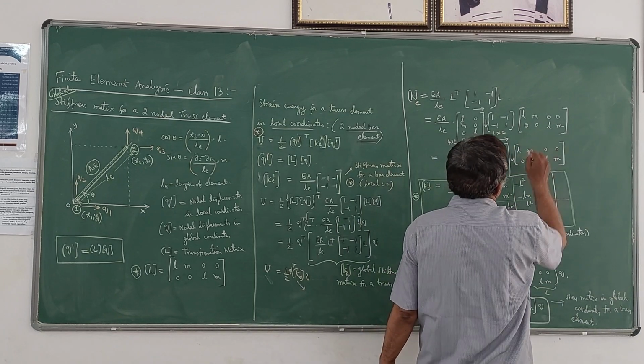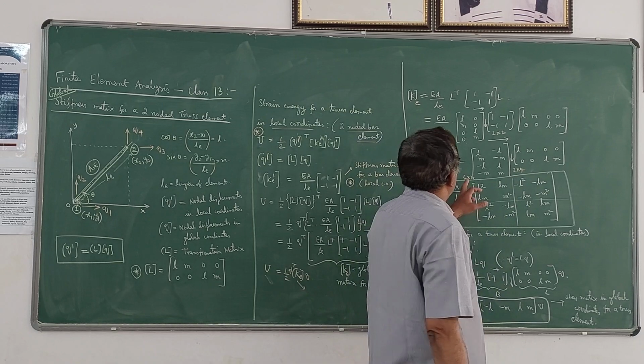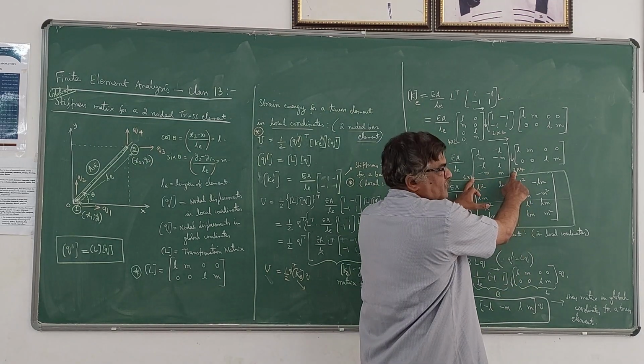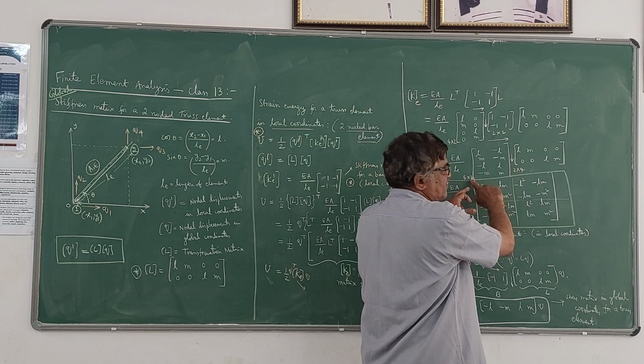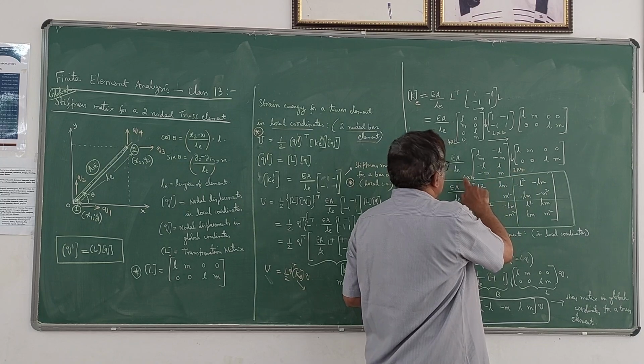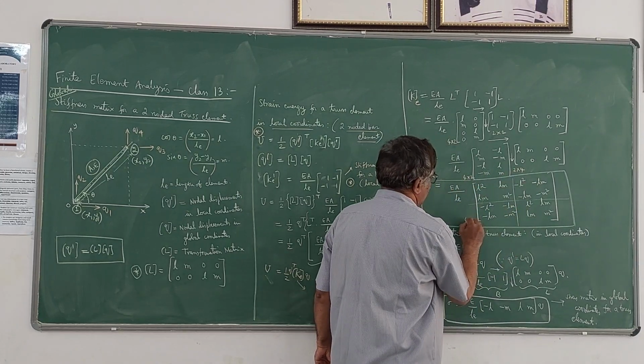Once again, this matrix is 2 cross 4. When you multiply these two, 4 cross 2 and 2 cross 4, the 2 and 2 should be the same. Then the order of the product matrix will be 4 cross 4.